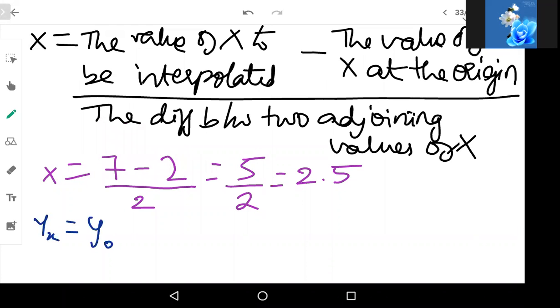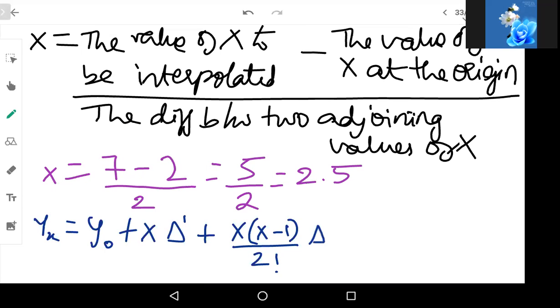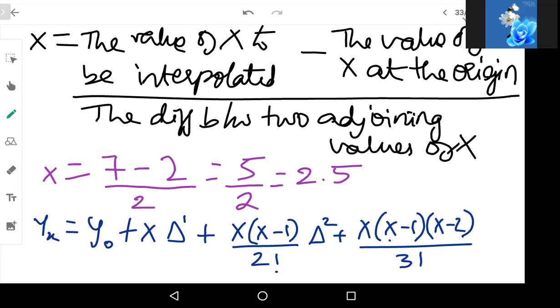y0 plus x into first leading difference plus x into x minus 1 divided by 2 factorial into second leading difference plus x into x minus 1 into x minus 2 divided by 3 factorial into third leading difference.